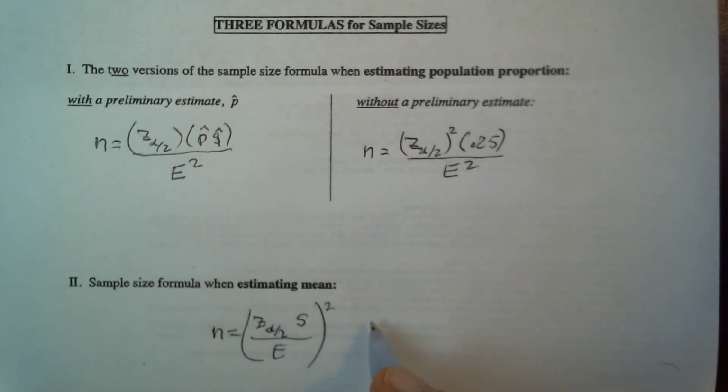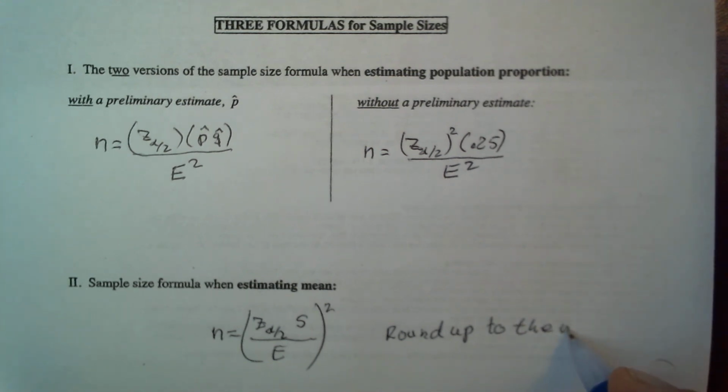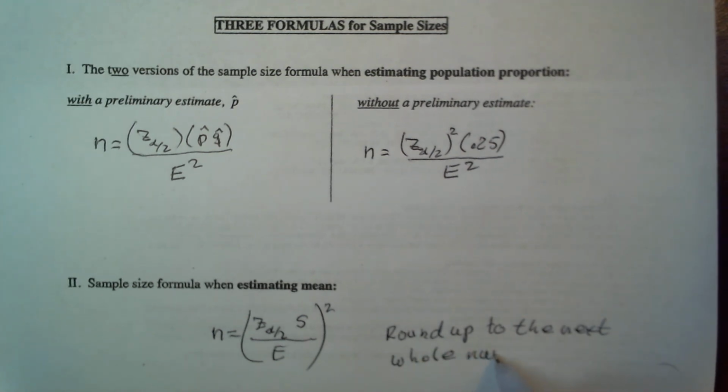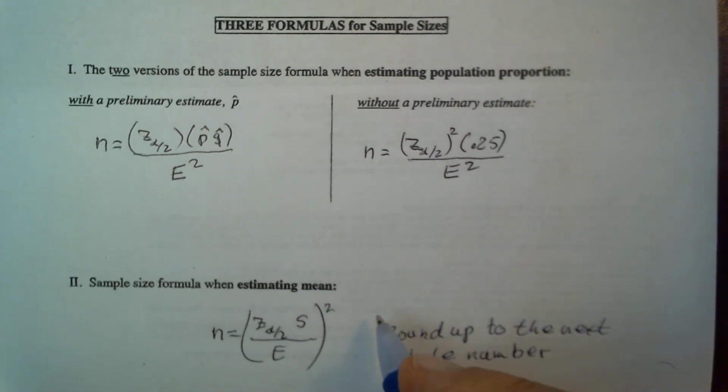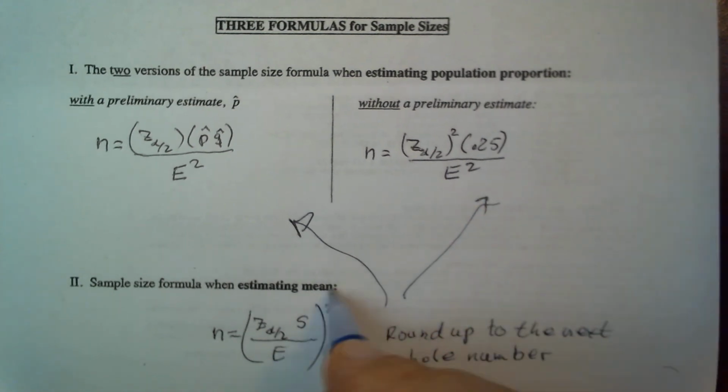And of course, whatever n is, if there's a fraction or decimal, always round up to the next whole number. And that applies to all three formulas. So that's true for this one, and for that one, and for this one.